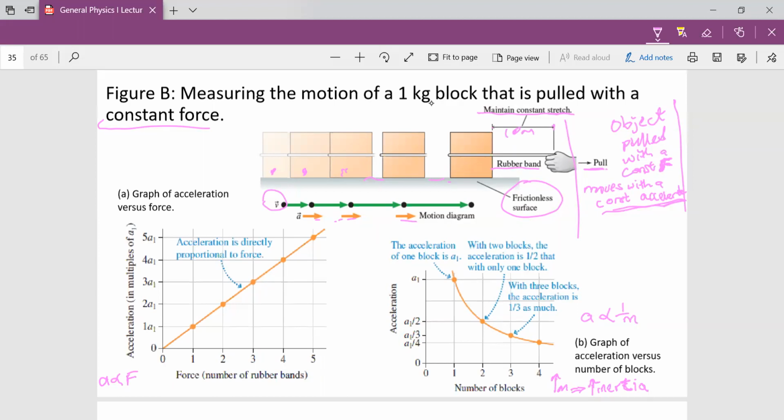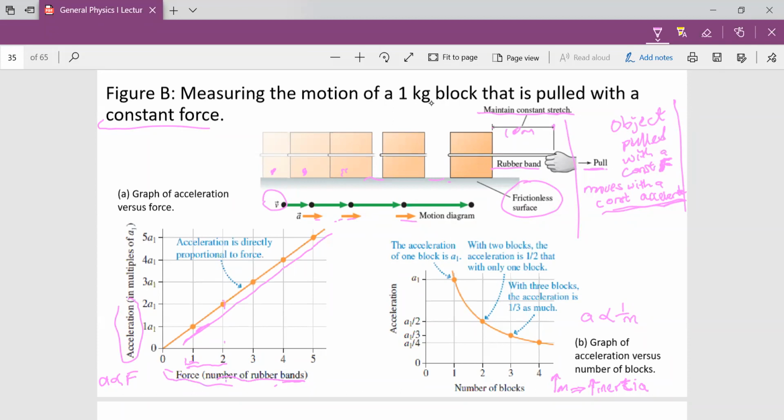So they tried with the block, they increased the rubber band. For the one block, 1 kg block, we added 1 rubber band to 2 rubber bands. We see that by the time we made the plot of acceleration against the force, which is the number of rubber bands we add on that, we notice something, that we have the graph, a positive straight line graph that was giving us, whenever we add 1 rubber band, we see the acceleration increase.